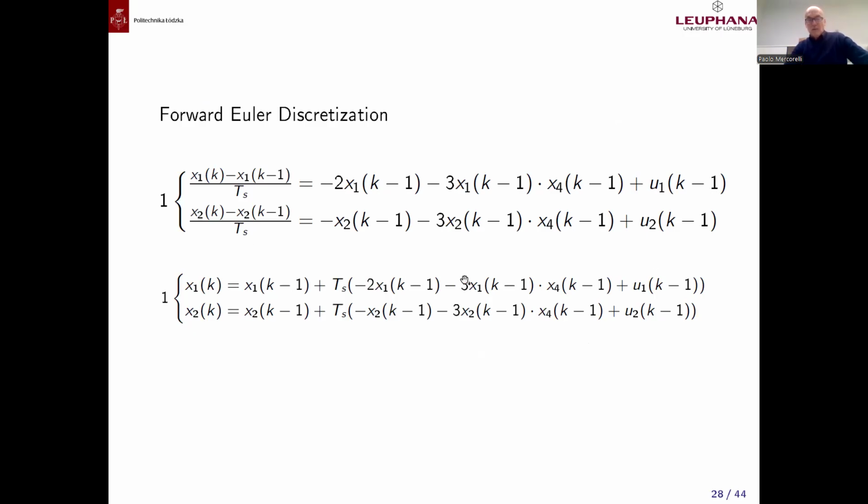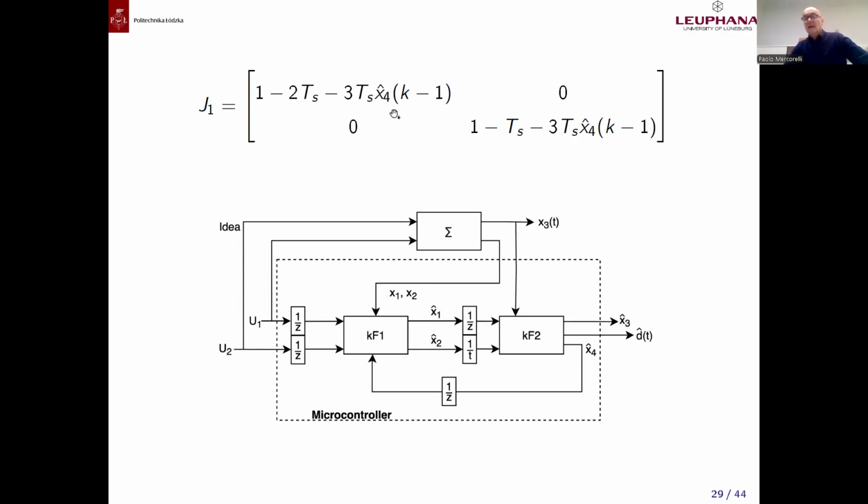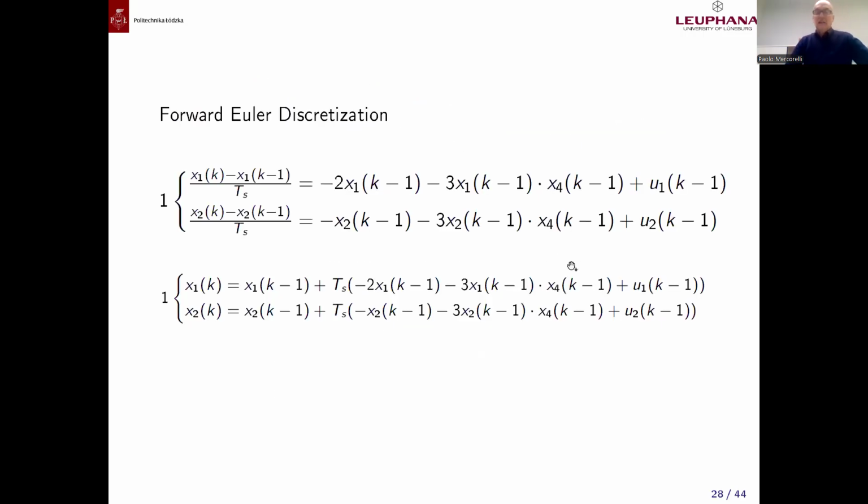The derivative of this expression with respect to x1 is 2 times ts and minus 3, multiplied by x4 hat. Why hat? Because the Jacobian here is just the model I did in general.